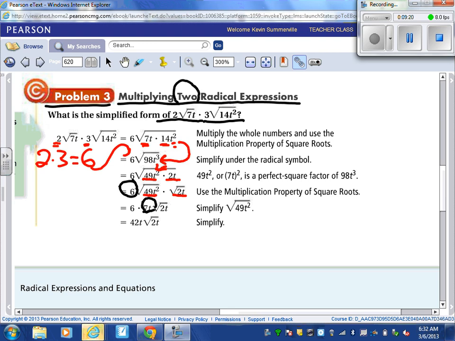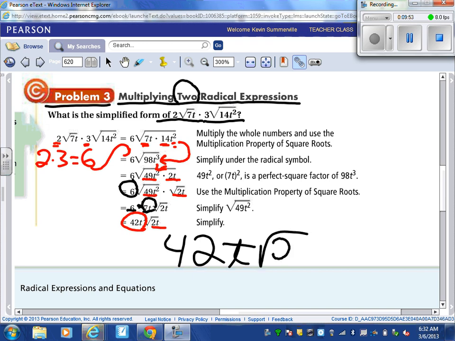Multiplied by the 6 on the outside, that will give you 42t with the square root of 2t. So your final answer is 42t square root 2t.